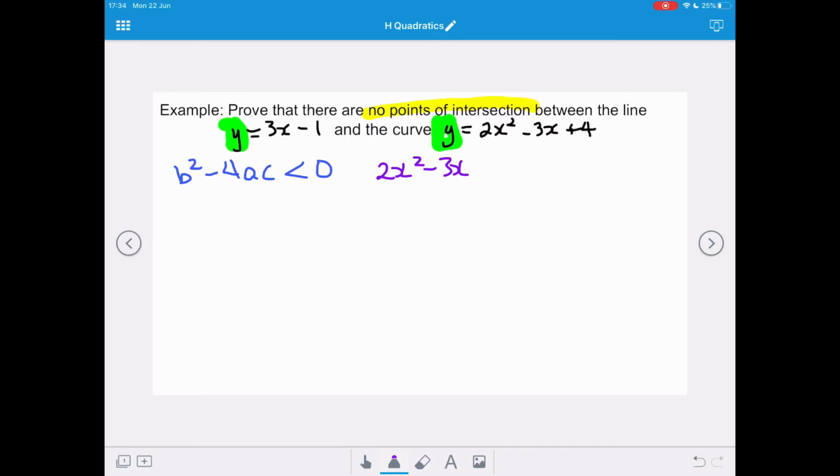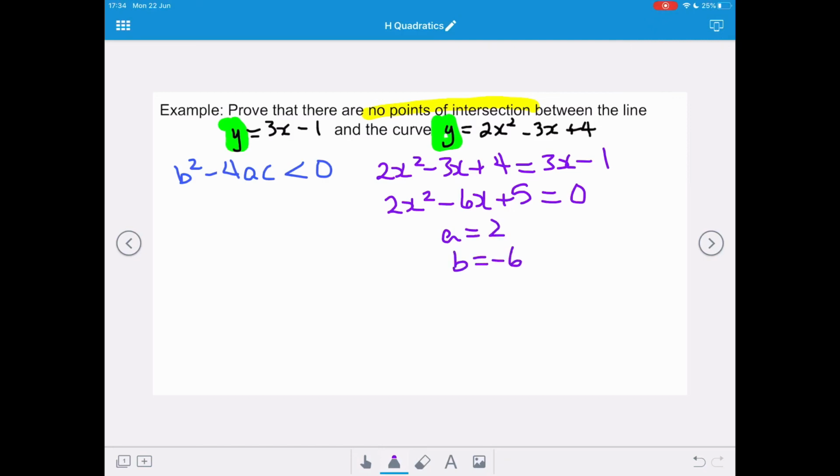So we've got 2x squared minus 3x plus 4 is going to be equal to 3x minus 1. And we need to move the terms on the right-hand side over to the left-hand side, giving us 2x squared minus 6x plus 5 equals 0. And so now we can say that a is 2, b equals negative 6, and c equals 5.